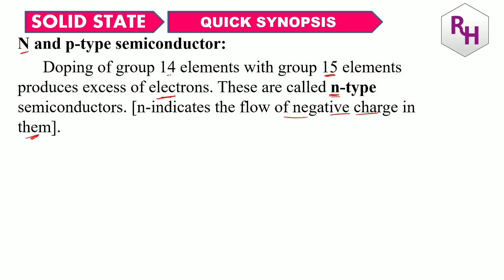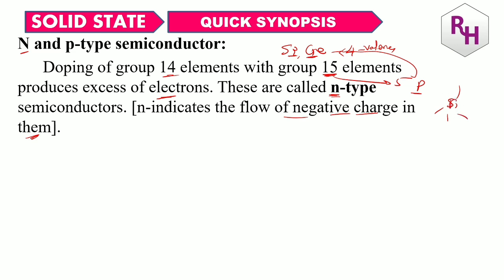See, group 14 elements like silicon, germanium, etc. have valency 4. Now group 15 elements have valency 5, like phosphorus, right? So when valency 5 replaces this valency 4, silicon can form 4 bonds.